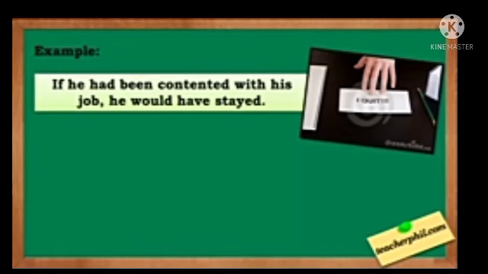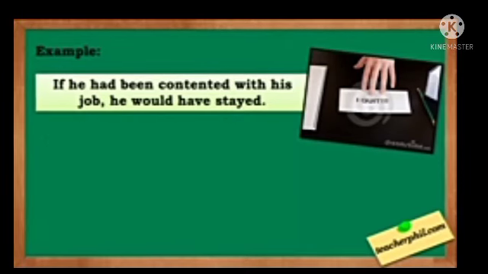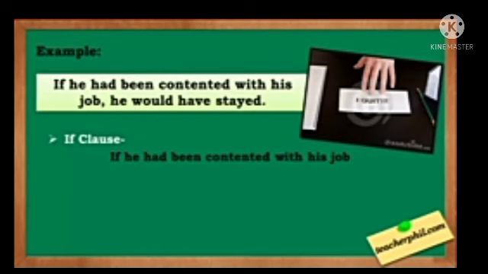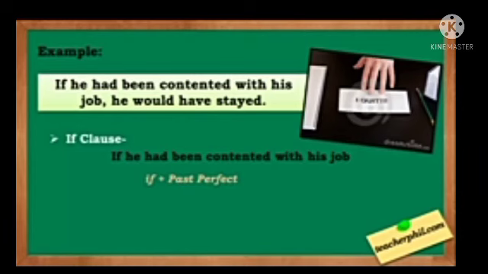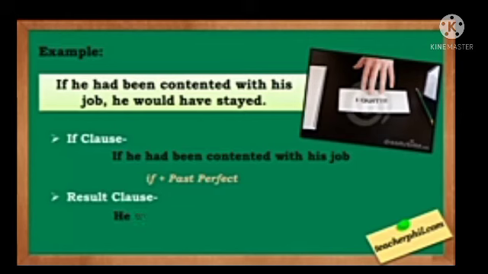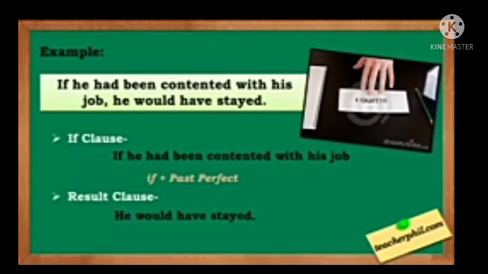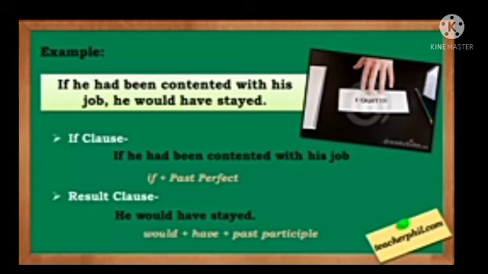Now here the if clause is: if he had been contented with his job, if plus past perfect, and the result clause is: he would have stayed, would plus have plus past participle.